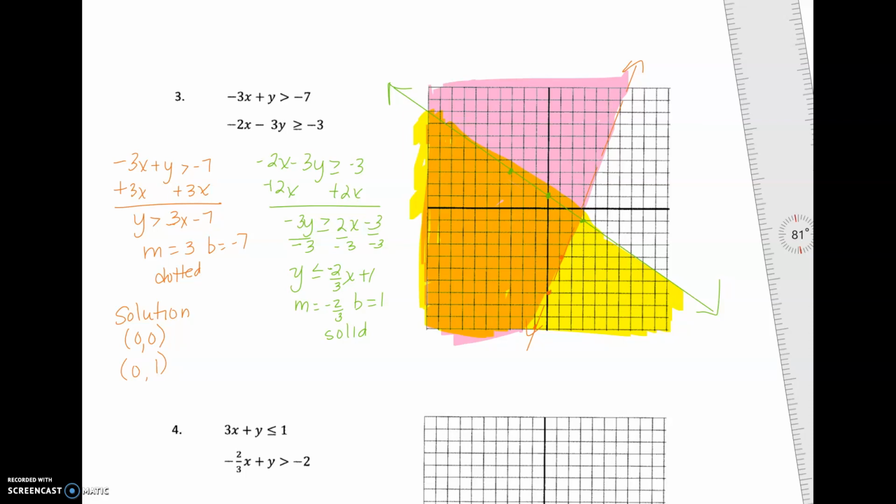And that one's right on the line. Okay, not solutions. Let's pick this point, 4, 0, which means 5, 0 is also not a solution.